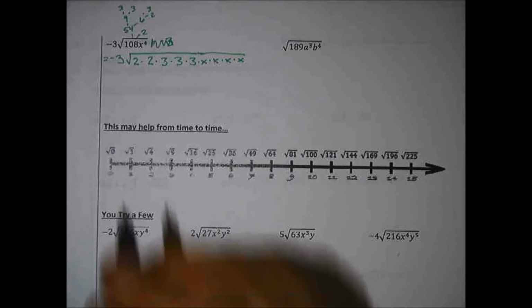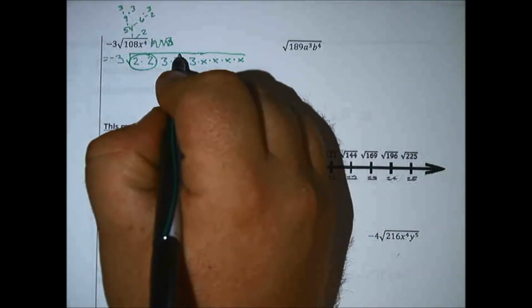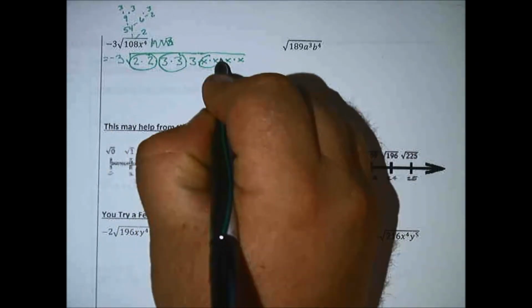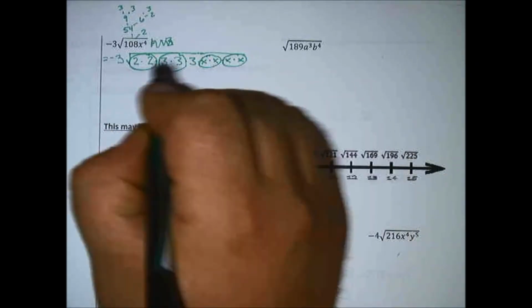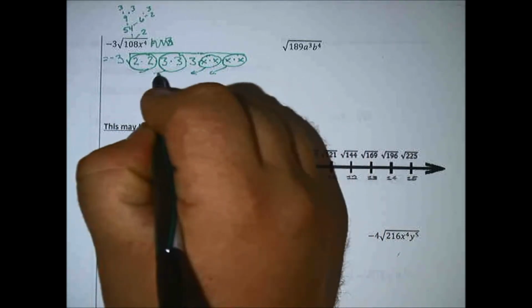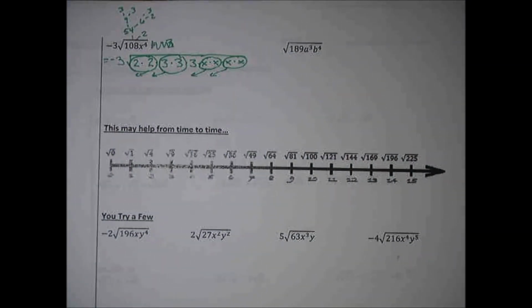Who has exit buddies? There's a pair of 2's right there. A pair of 3's right there. They have an exit buddy. A pair of X's and a pair of X's. So all those get to go. They all get to leave the trap that is the square root symbol.